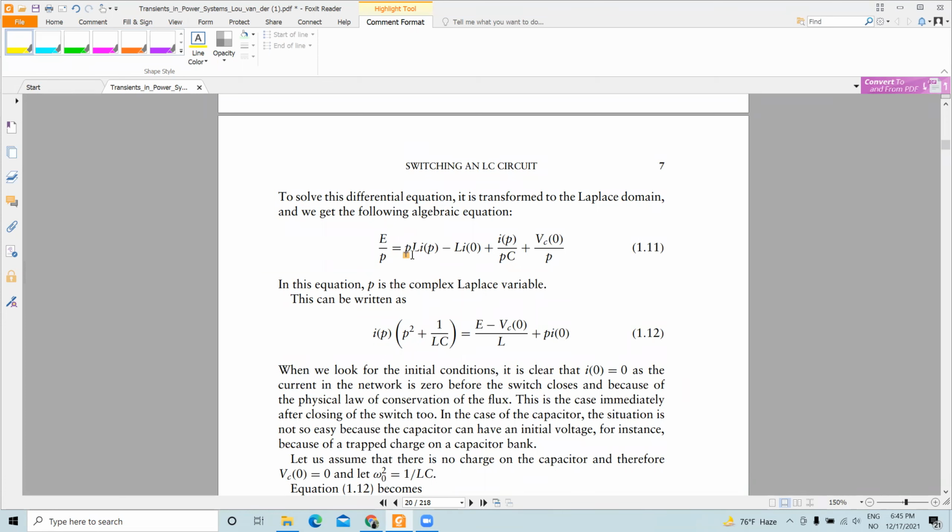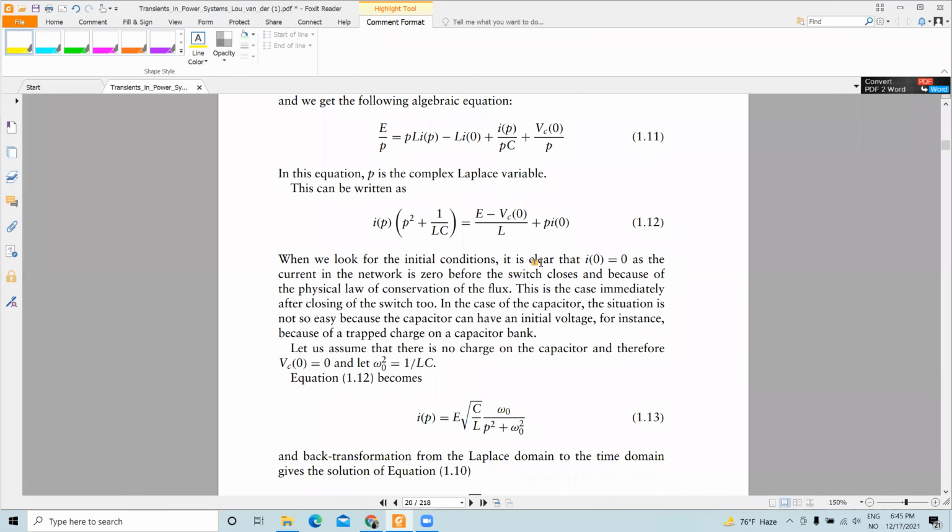This is just a simplification from this part, so you can see E minus V of C, and then you rearrange this. So you rearrange it from equation 1.11, you will get 1.12.